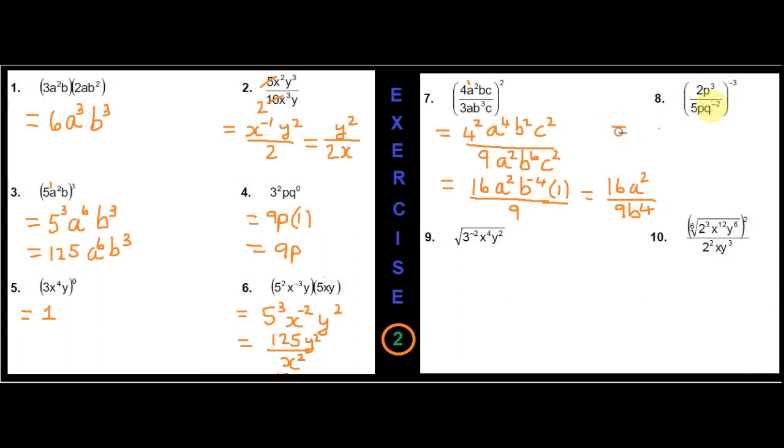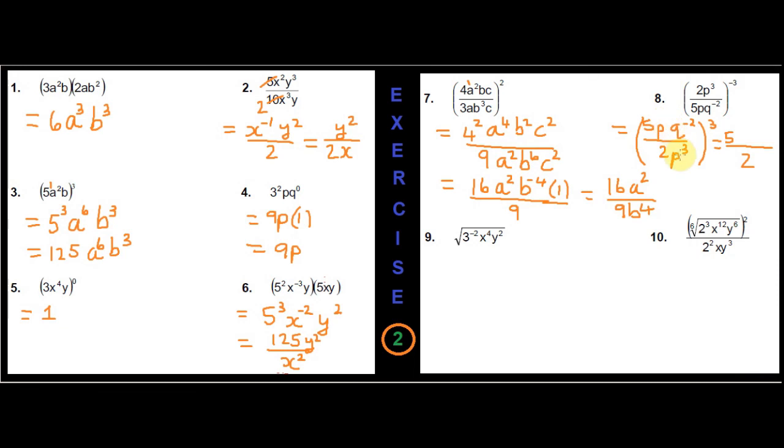Here we can first invert the fraction and the power becomes positive. So it becomes to the plus 3. We can now first work inside the brackets. This is p to the 1.